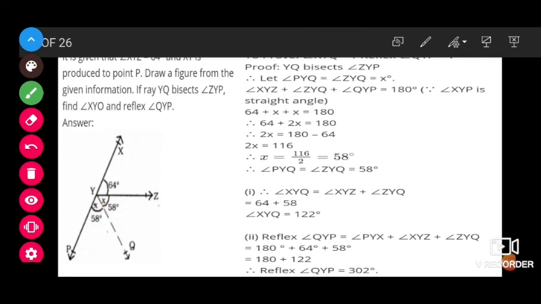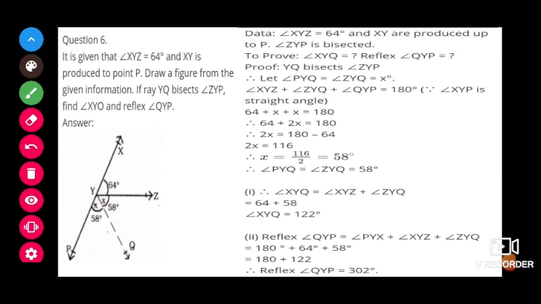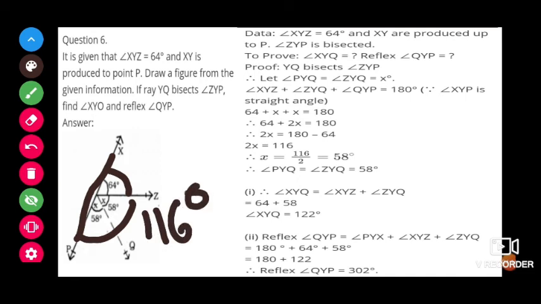The given information is that this XYZ is 64 degrees and the total angle is 180 degrees. Automatically this angle will be 180 minus 64, that is 116 degrees. One more piece of information: this line YQ is bisecting that angle, dividing it into two equal parts.